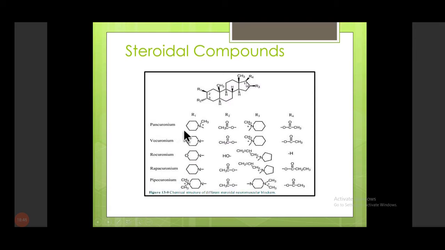The important ones are pancuronium, vecuronium, rocuronium, rapacuronium, and pipecuronium. Why these are important, I will talk about in the subsequent slides. But just remember, these are derivatives of curare-like drugs. Because of the steroidal structure, we intend to minimize the side effects and complications, and not alter the potency or efficacy of the drug.